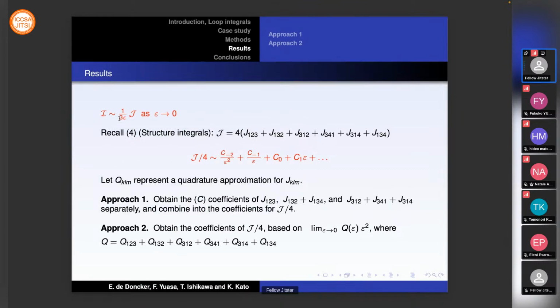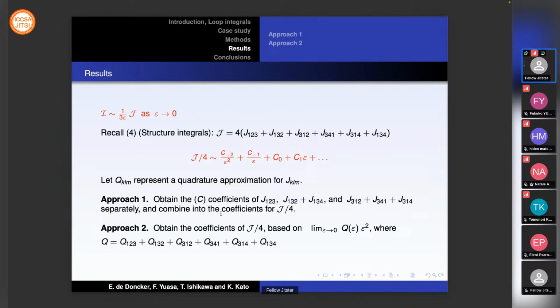Okay, so the integral I is written as 1 over 3 epsilon factored out times integral J, and the J is a sum of 6 J integrals, and satisfies an asymptotic expansion of order 1 over epsilon squared, so that we are interested in determining C minus 2, C minus 1, and C0 of those. We use 2 approaches.